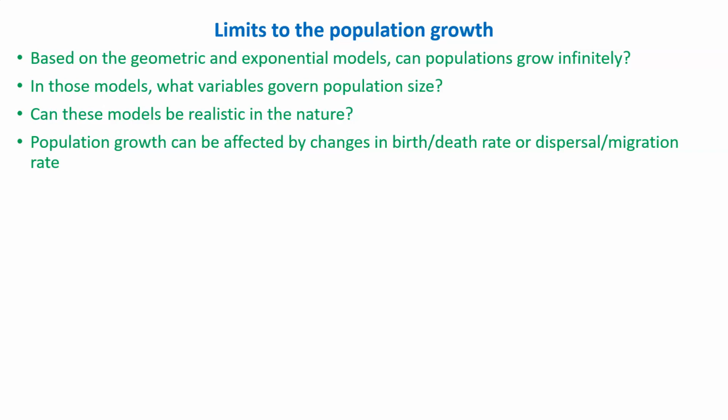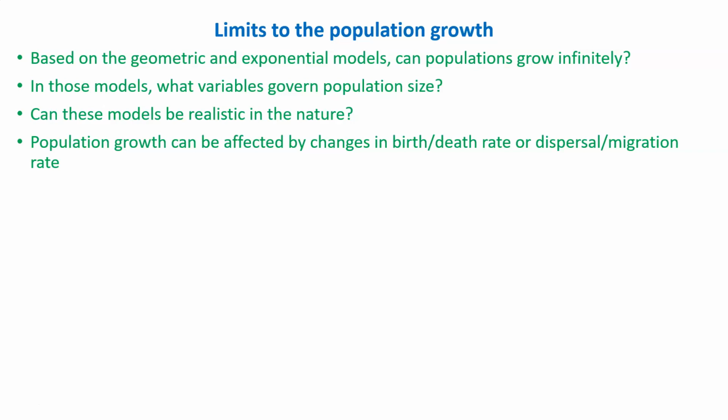Population growth can be affected by changes in birth rate and by death rate, right? So that you already accounted for. You are looking at the time and the initial population size, and the R or lambda accounted for the effective increment rate. So we didn't exactly account for the death, but we kind of accounted for the birth.